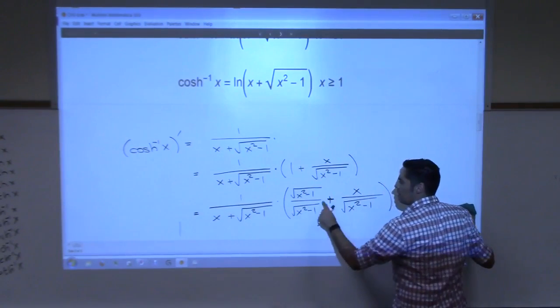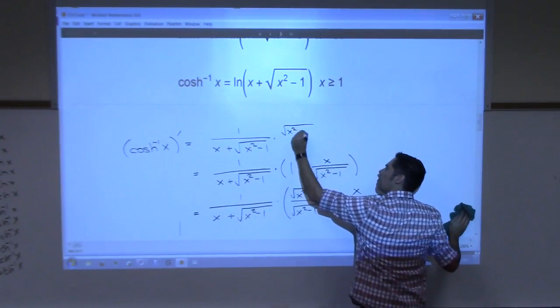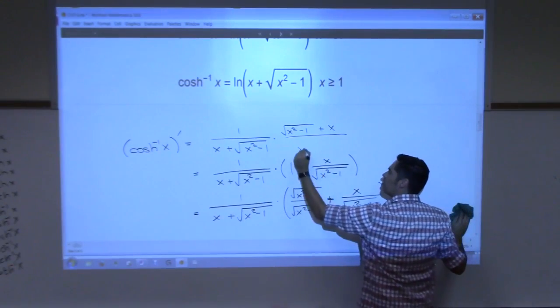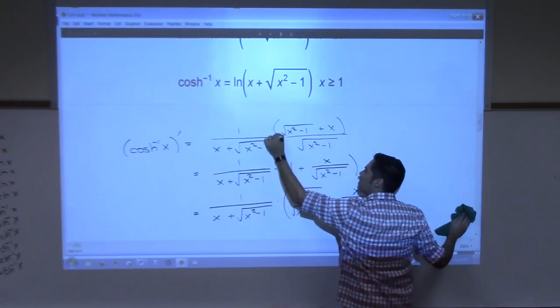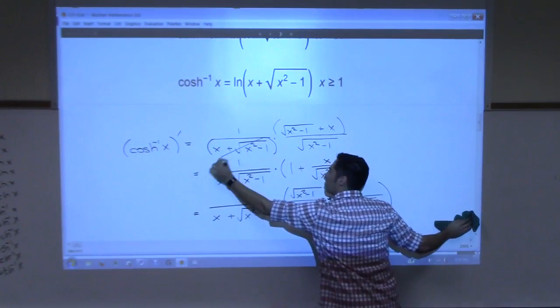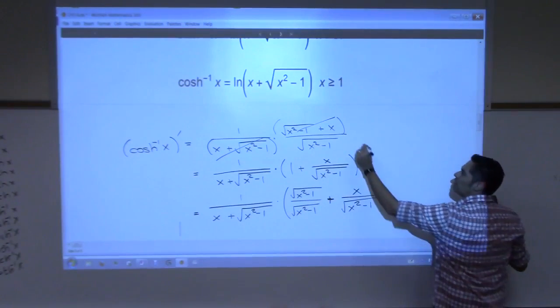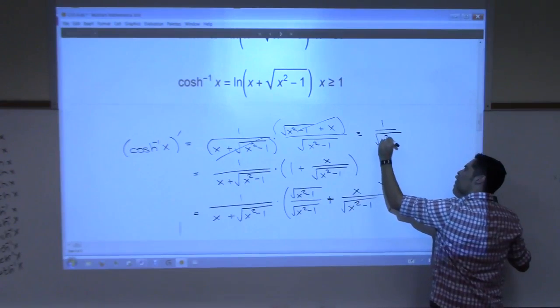So this now becomes this plus this over the common denominator, which is just this root. And now this entire thing and this entire thing are exactly the same, and there's multiplication, so you can cancel them out. And you're left with 1 over root x squared minus 1.